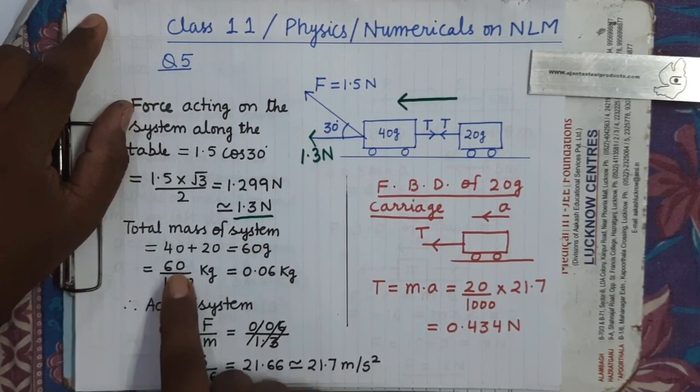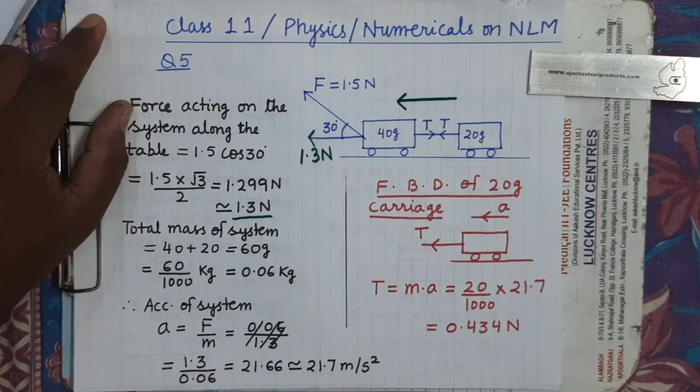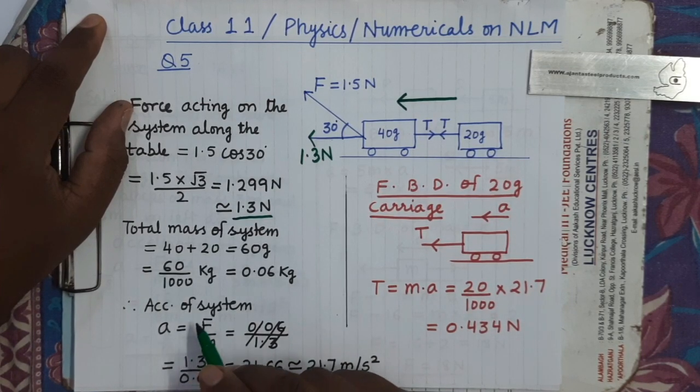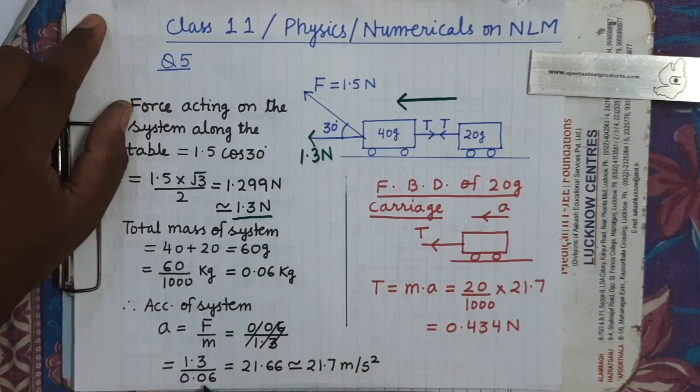In kg, it will be 60 upon 1000, that is 0.06 kg. Force is 1.3 Newton. So what will be the acceleration? Acceleration formula is force upon mass. Force is 1.3 Newton, mass is 0.06. So it comes out 21.7 meter per second square.